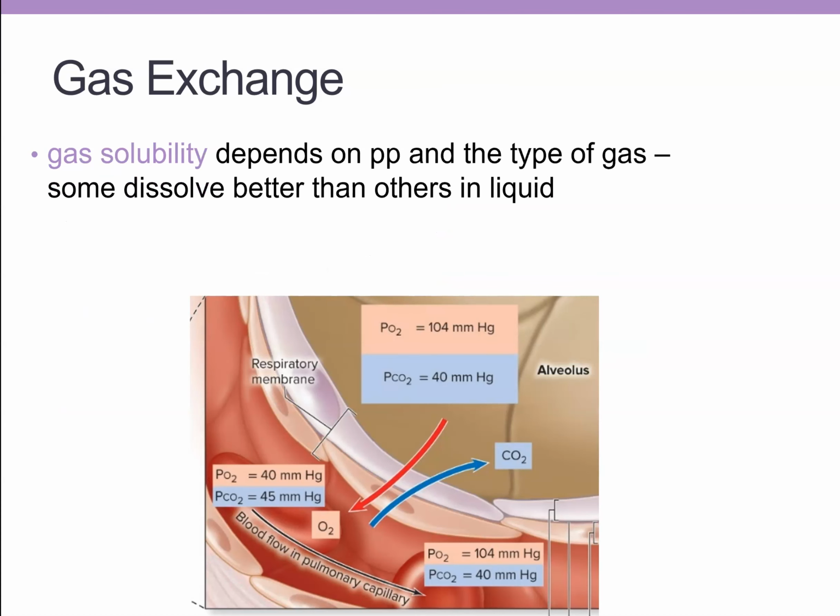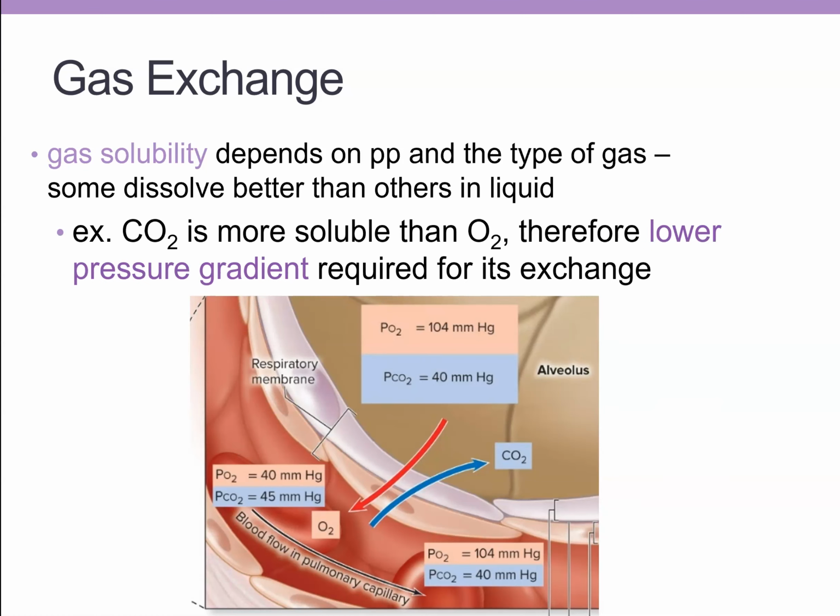Let's talk a little bit more about this before we move on from the alveolus. The solubility of the gas is going to depend on that partial pressure. It also depends on the type of gas. And if you take a chemistry class, you get into lots of details about this, but the basics are that some gases dissolve better than others in liquids. So what you need to know here is that CO2 is more soluble than oxygen. Got to remember that.